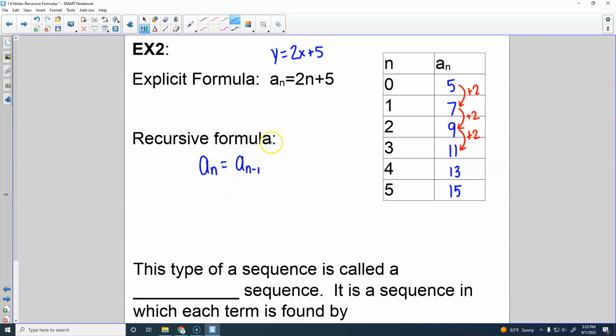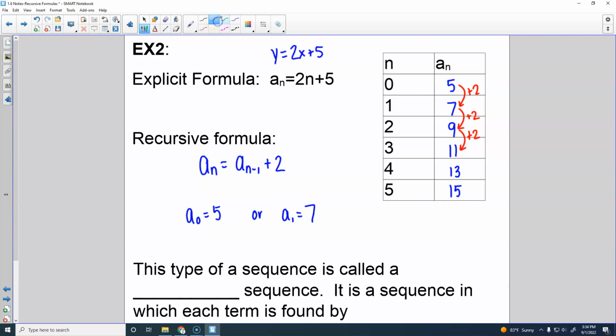We'll take the previous term and add 2 to it. And then they will typically give a reference term, so that might be a sub 0 equals 5. Or you're going to see on Delta Math a lot, they use a sub 1 equals 7. Those give you a reference.